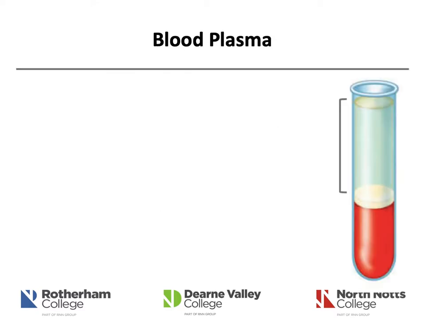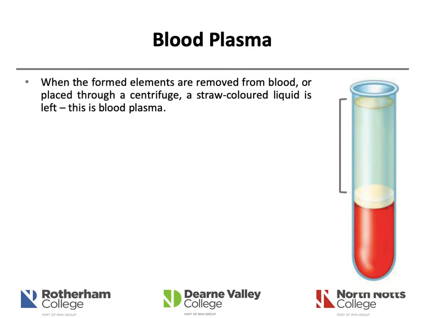Okay, so actually, what is blood plasma? When the formed elements are removed from blood, these are otherwise known as white blood cells, platelets and red blood cells, for example, and placed through a centrifuge, or if you just put whole blood into a centrifuge, it'll separate into the diagram on the right hand side.